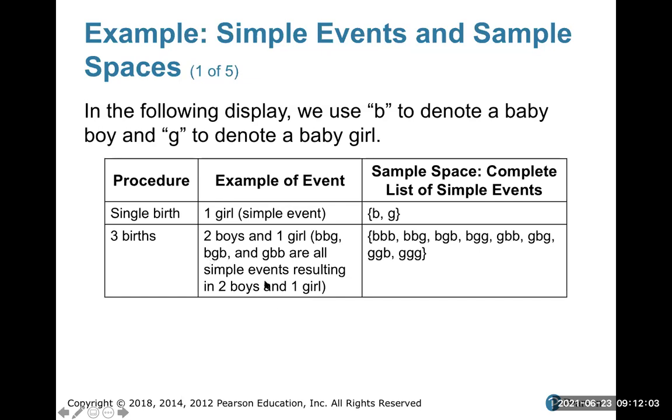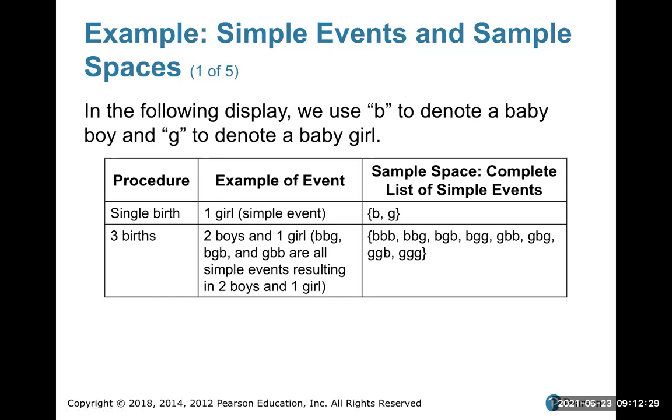So that's your favor, where you broke the event down into simple events, but all the possibilities are called the sample space. So three boys, two boys and a girl, two boys and a girl in between, boy and two girls, girl and two boys. Do you see all the possibilities? You need to come up with an algorithm to write them out.